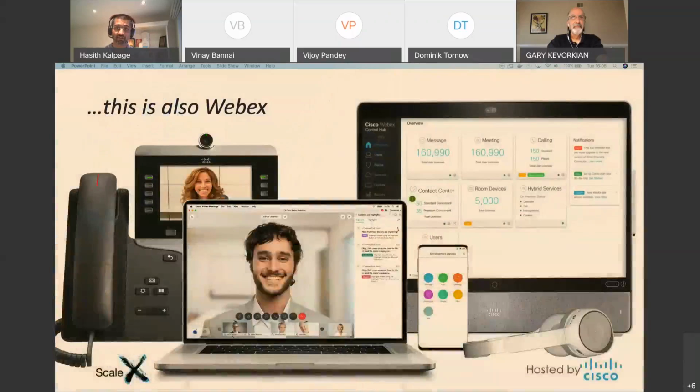And then this is also Webex: starting from the very famous Cisco IP phones to soft clients, whether on a laptop or a phone, and on the top right-hand, the most state-of-the-art personal conferencing device you can get in the market today.